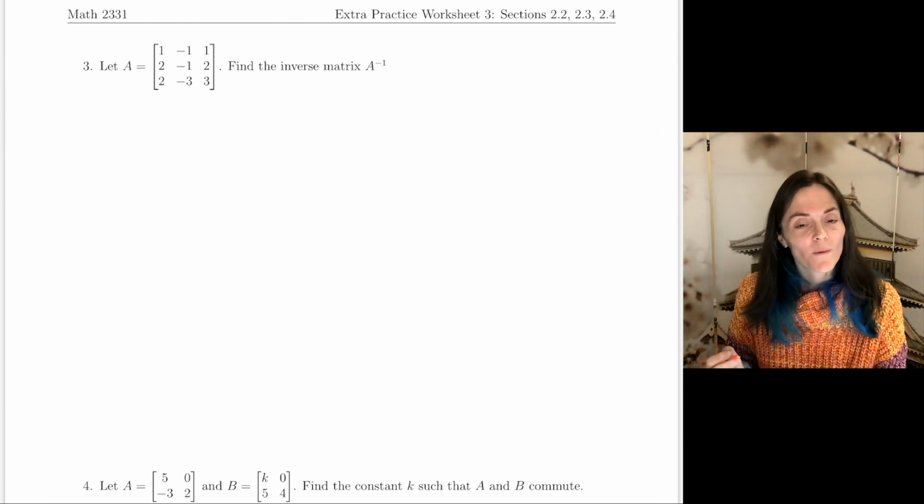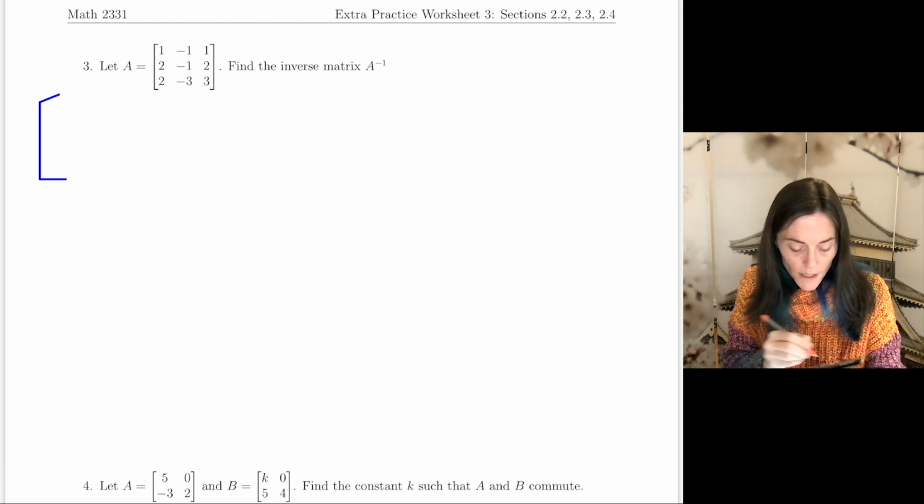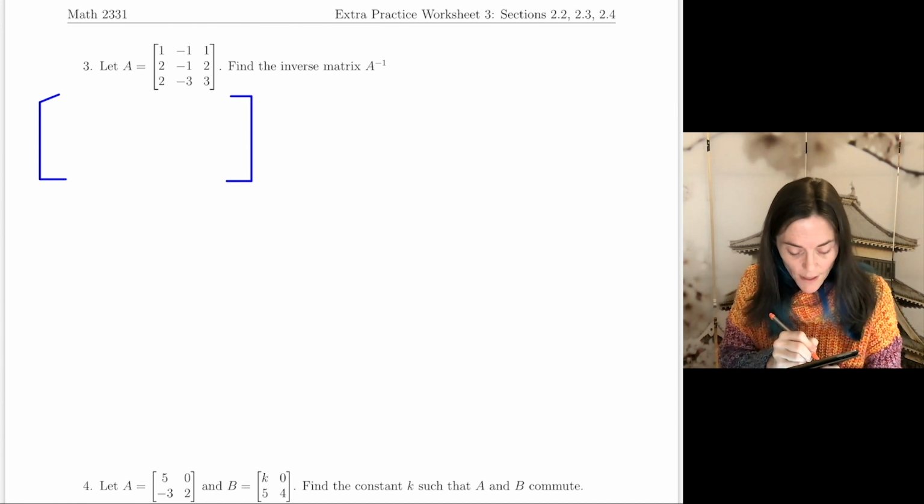Number 3, we want to find the inverse of a matrix. What we want to do is we put matrix A over here and we augment with the identity, the 3 by 3 identity.